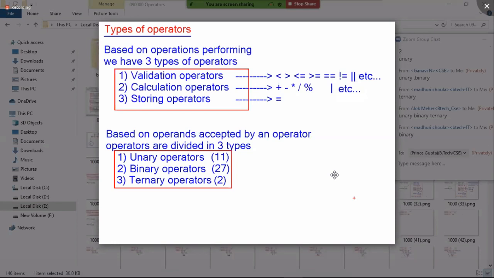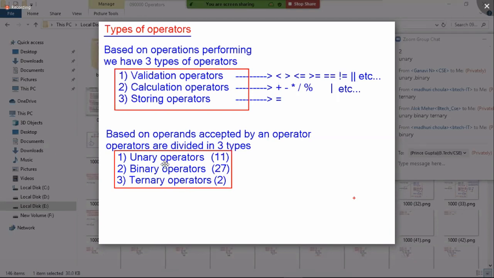Repeating once again: there are some operators taking one operand, some operators taking two operands, and some operators taking three operands.